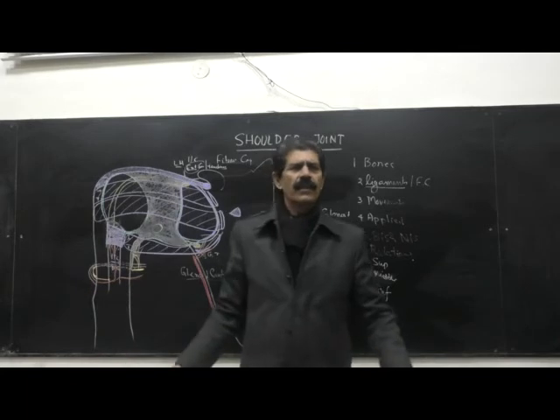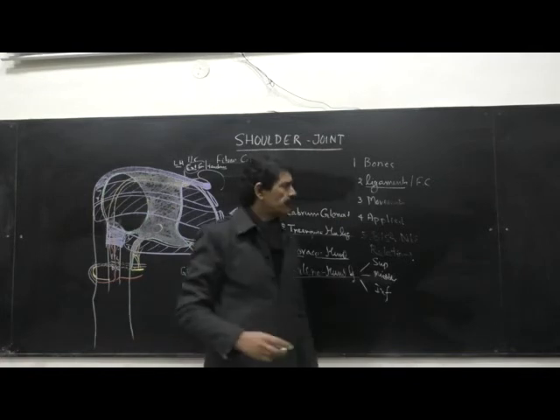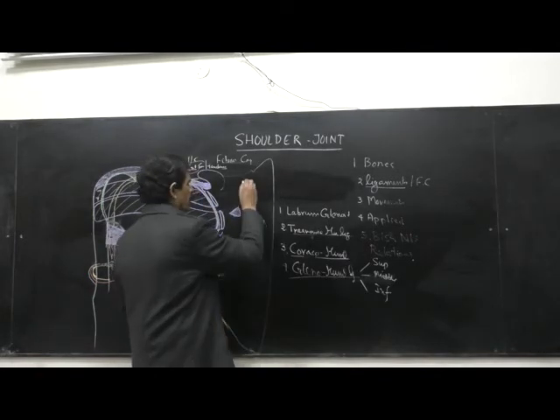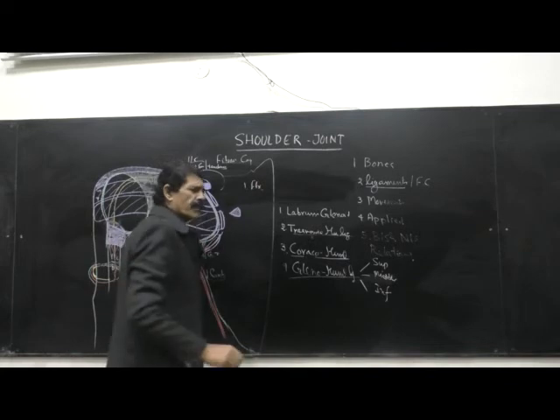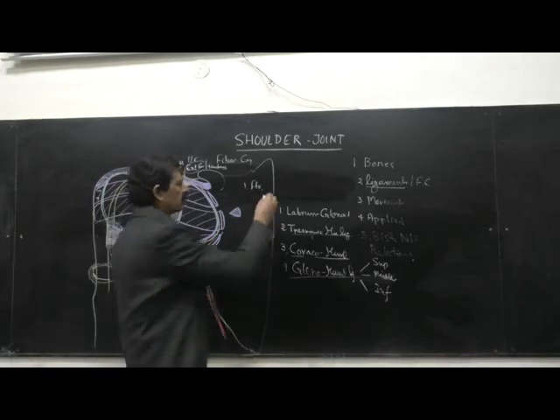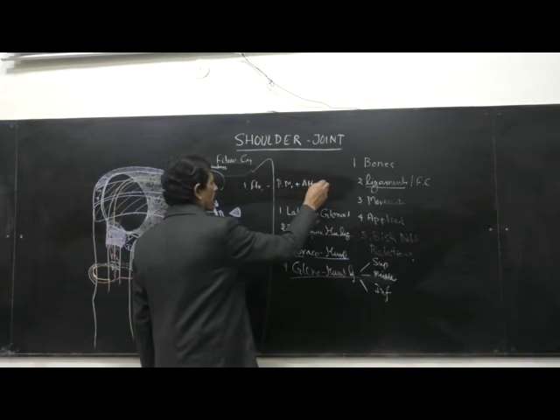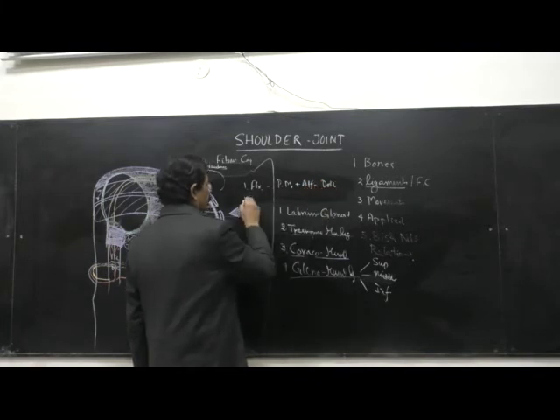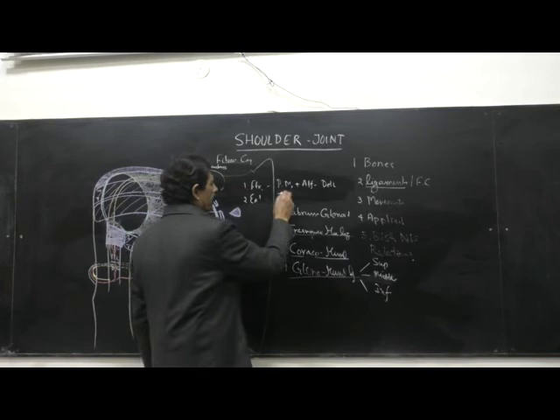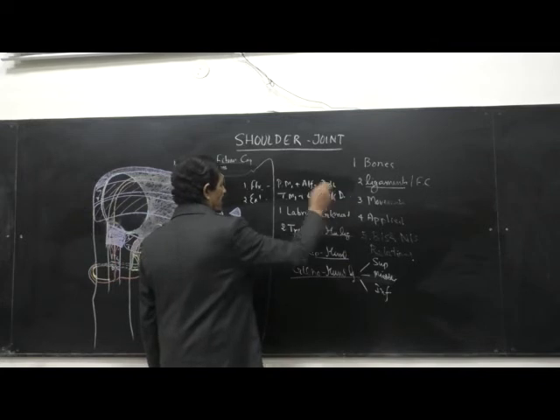Which muscles produce these movements, we have to list them. First is the flexion. Flexion is produced by the pectoralis major and the anterior or clavicular fibers of the deltoid. Then the extension, the backward movement. Extension is done by the teres major with the latissimus dorsi and the posterior fibers of the deltoid muscle.